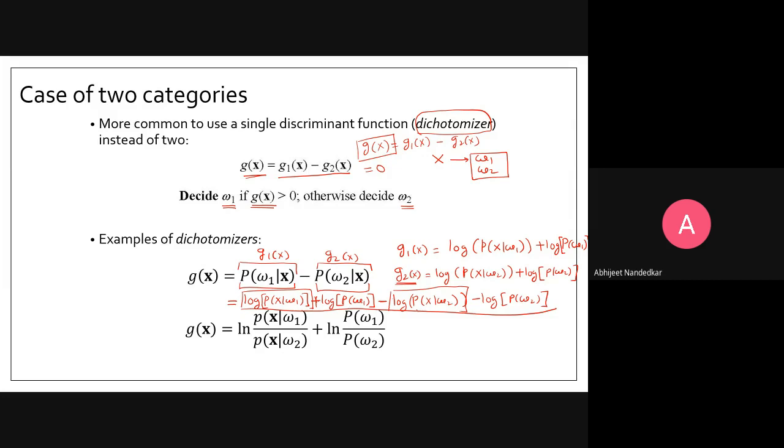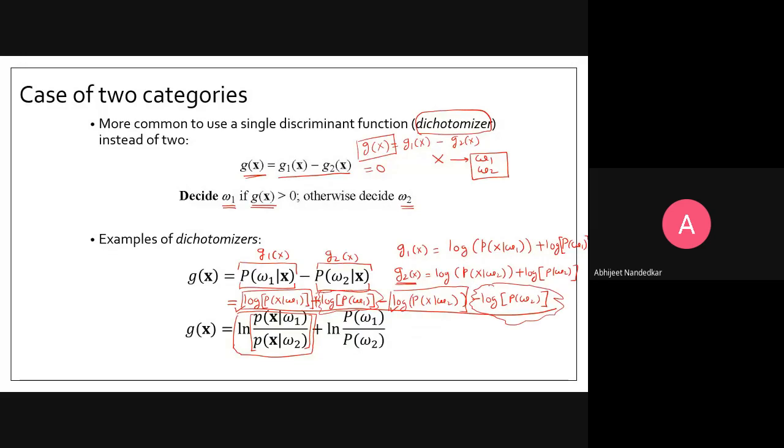So I take the likelihood term, the first one, and this third term, then I write in this form. Since it's negative, I can combine this log and write probability of x given omega 1 divided by probability of x given omega 2, and then I combine this particular term with the last one.